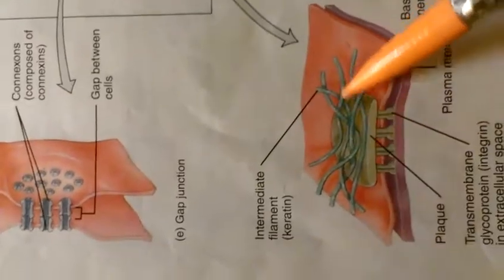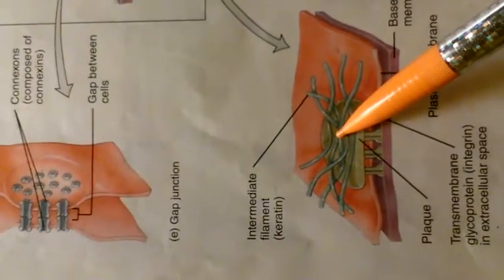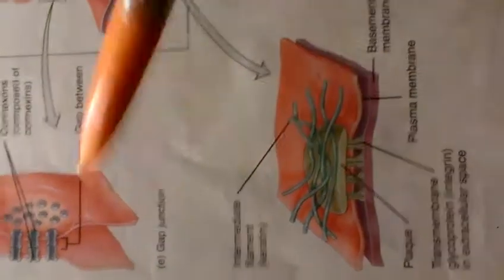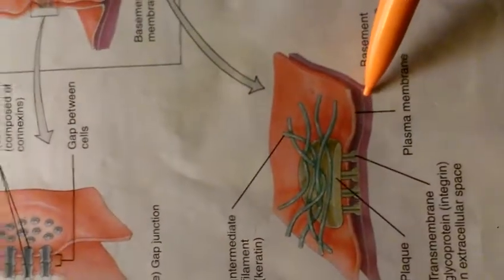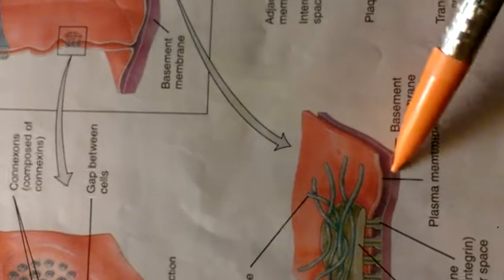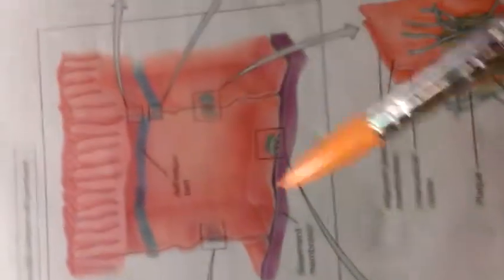And we see these little stringy straw things. These blue things are intermediate filaments, which are keratin, and we only have one side of that. And we also have a basement membrane. If you get the picture to identify it on a test, you know that if one has the basement, it goes there. It's kind of like a matching game.